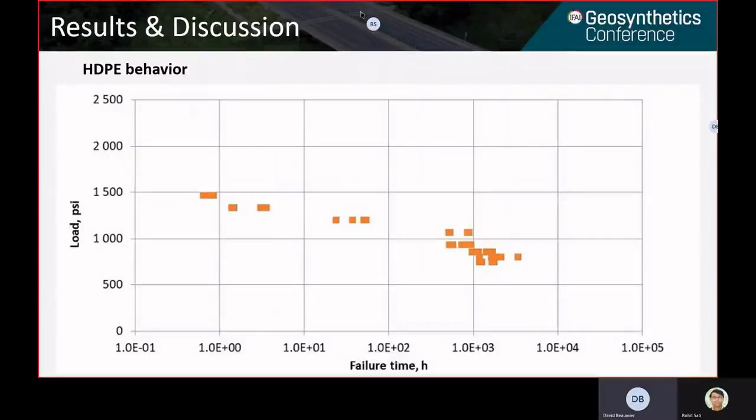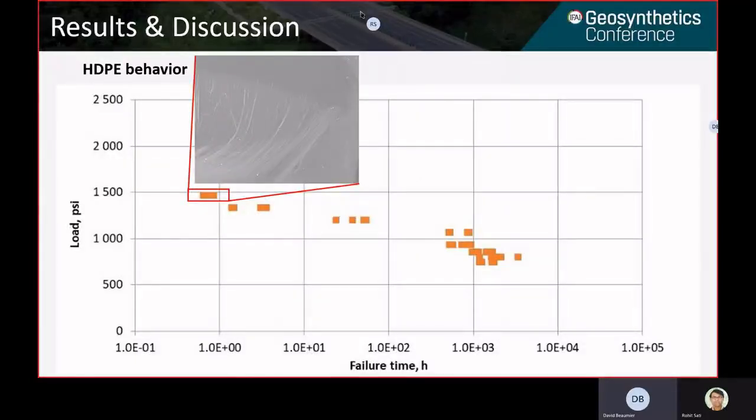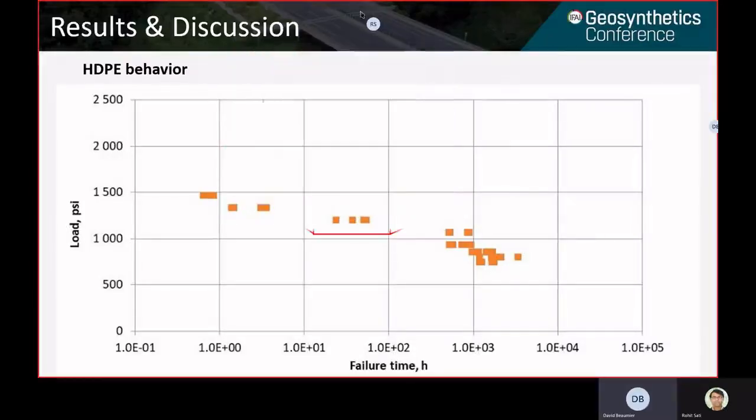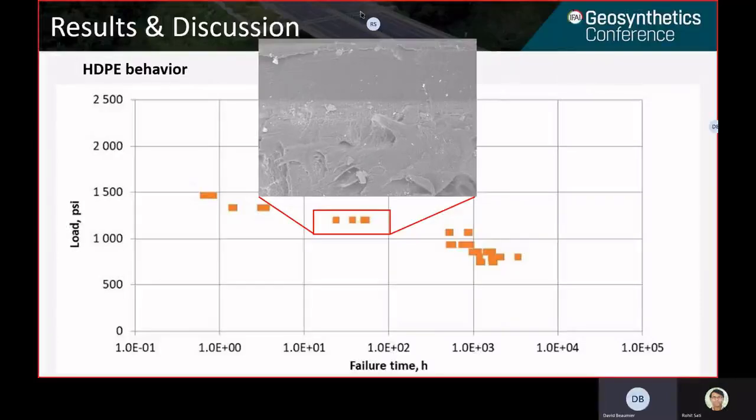Then if we look at HDPE, we get at first wavy type of failures, which, as I told you previously, are related to a ductile type of failure. As we go through, we get a little bit different type of morphology.